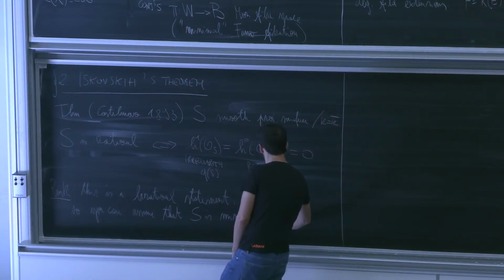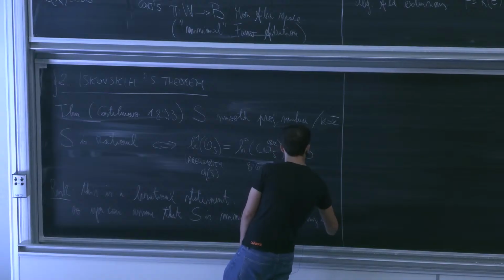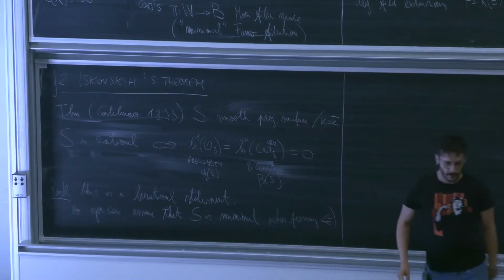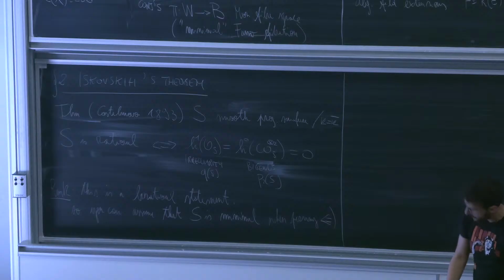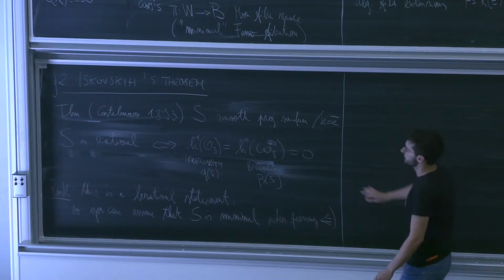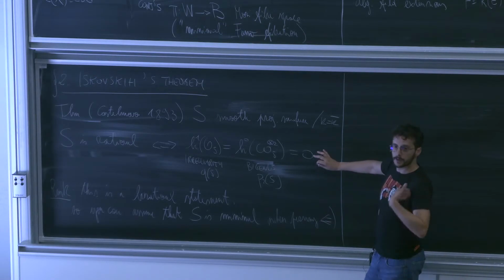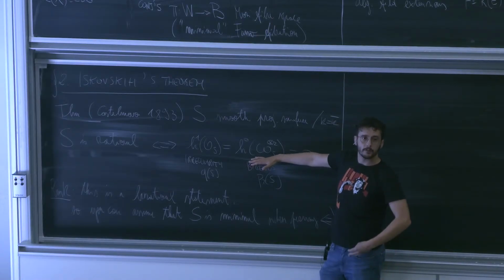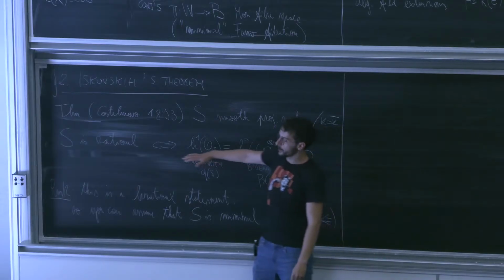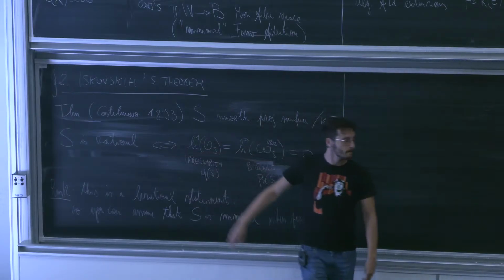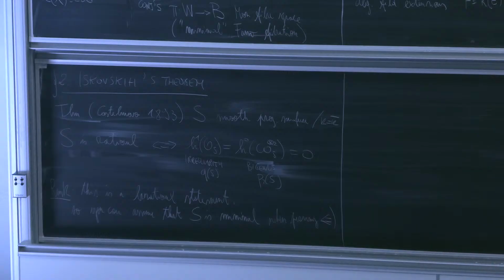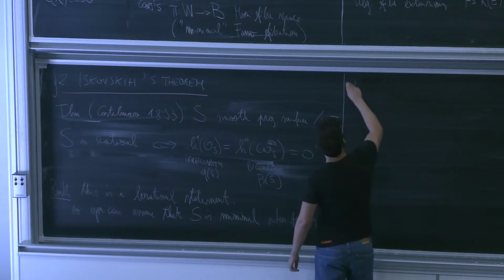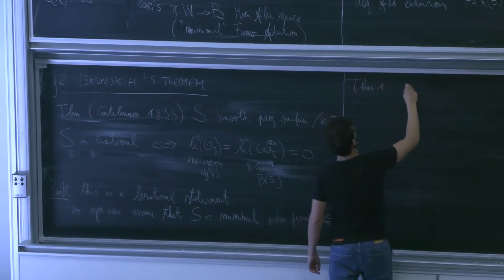Why do I say this? Because Iskovskikh's theorem is a generalization of this. The idea is to take surfaces verifying this vanishing over an arbitrary field, and then ask what can you say about the surface. Not going to be rational in general, but at least what can you say about it? And that's the theorem. Let me write it like this. So this is by Iskovskikh.